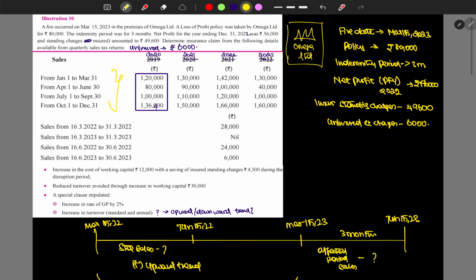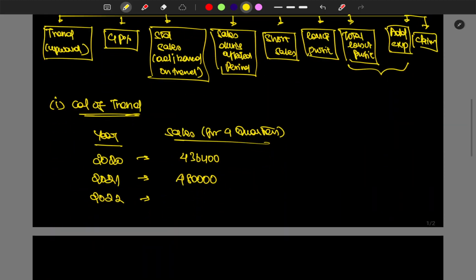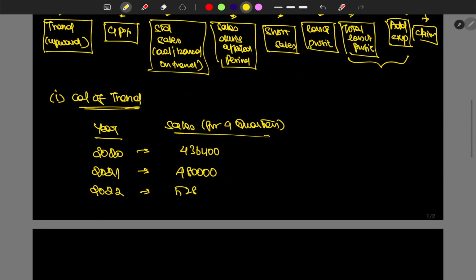Then for 2022, 1,42,000 plus 1 lakh plus 1,20,000 plus 1,60,000, which is 5,28,000. Now we got the sales for all the subsequent years.